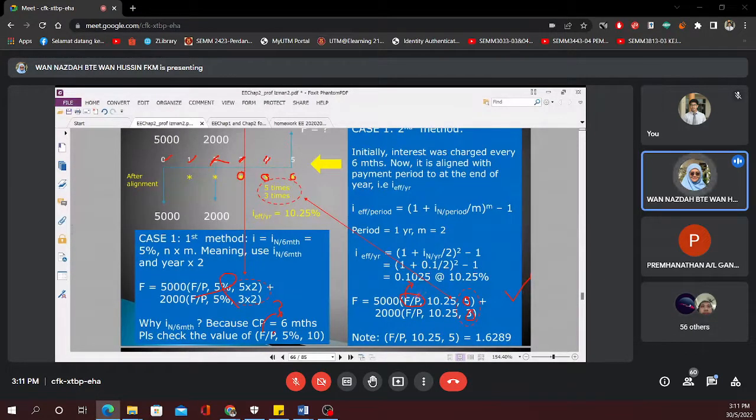This is how we write the notation. It shows that you look for the value of F and P is known.